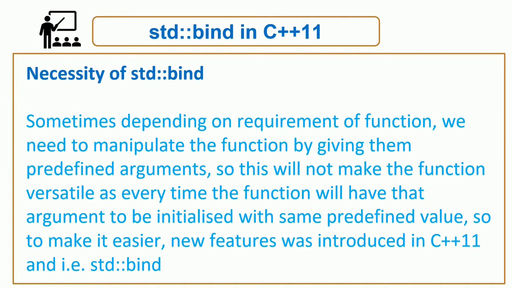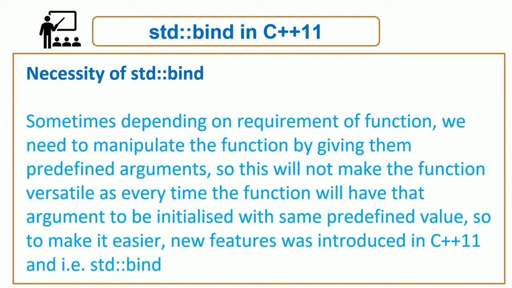If you want one predefined value, two predefined values, or no predefined value, anything. And if you want to manipulate the function by swapping the arguments, that is, you want to pass them in a different manner and change the position of the arguments, you can do that.